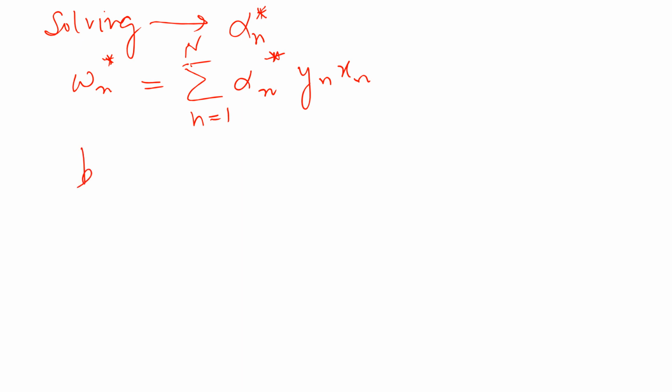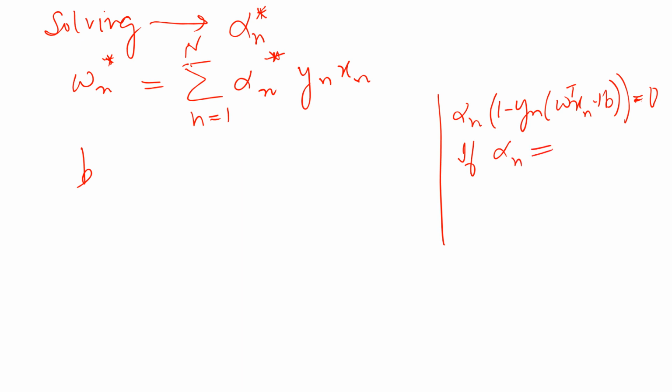Of course, it's not as straightforward as we think, but not as difficult because we have the KKT conditions. So let me write it down on the side, right? We have these KKT conditions where we have alpha n times (1 minus yn (W transpose xn plus b)) equals 0, right? So let's say there is this alpha n that is not equal to 0. If alpha n is not equal to 0, that means it is a support vector, right?